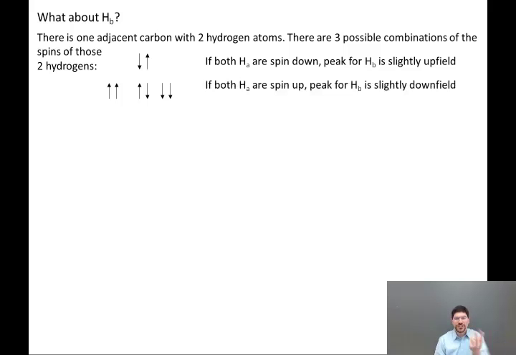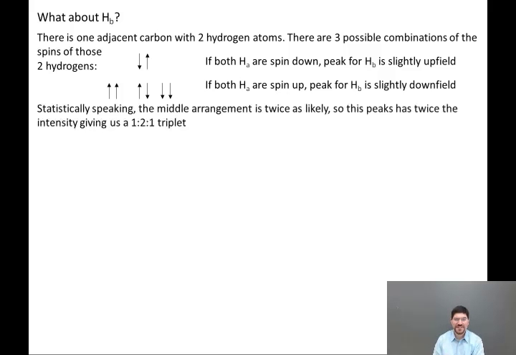If both HAs are spin up, the peak for HB is slightly downfield or to your left. And again, statistically speaking, the middle arrangement is twice as likely. There are 2 different ways in which you can have 1 up and 1 down. So therefore, this peak has twice the intensity, giving us a 1 to 2 to 1 triplet. 3 lines, a triplet, in a 1 to 2 to 1 ratio.